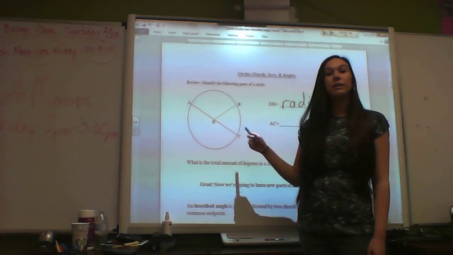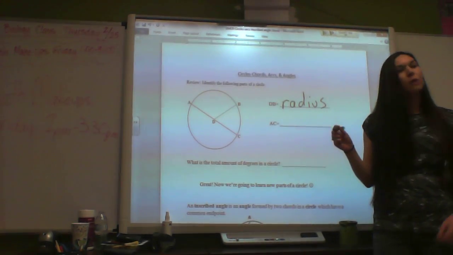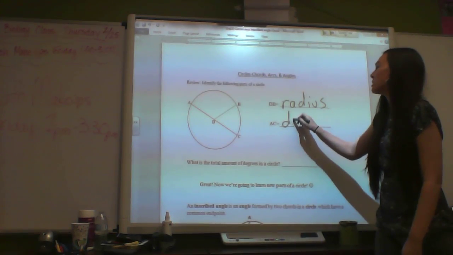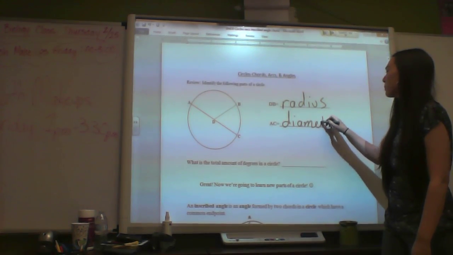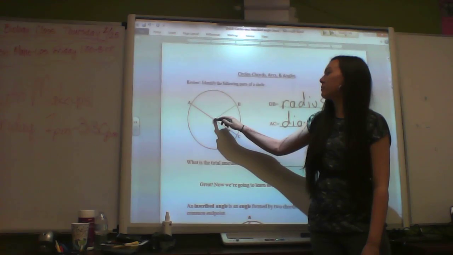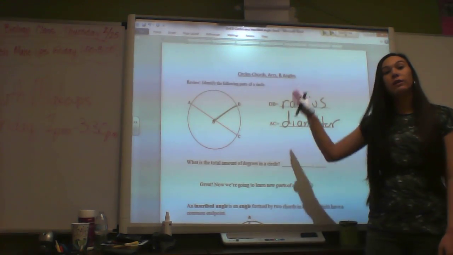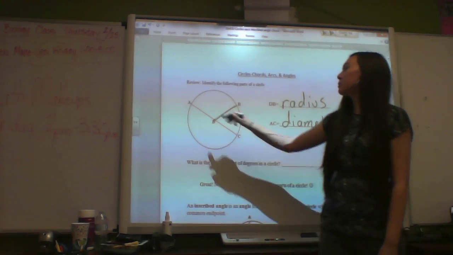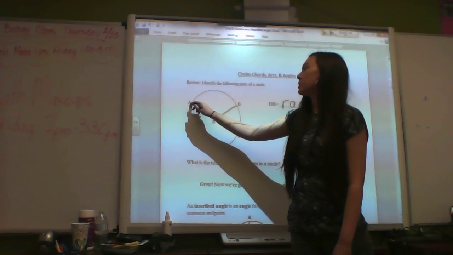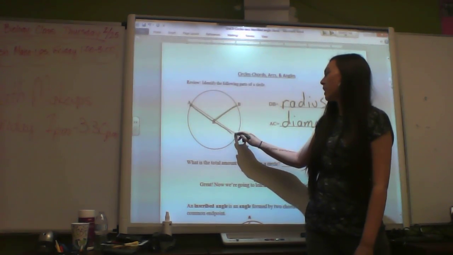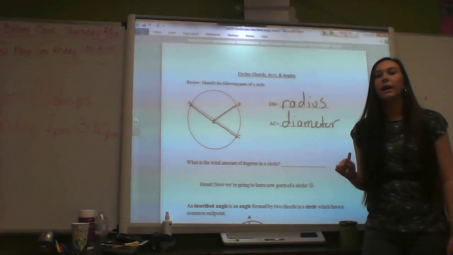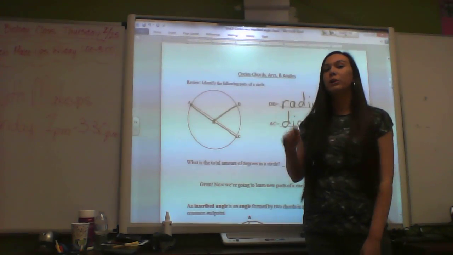And AC? Good job, it's our diameter, right? So our radius goes from the center of the circle to an outside point of that circle, or it lies on a circle. And the diameter goes from one point of the circle through that center and all the way to that opposite side. Good. Radius and diameter.